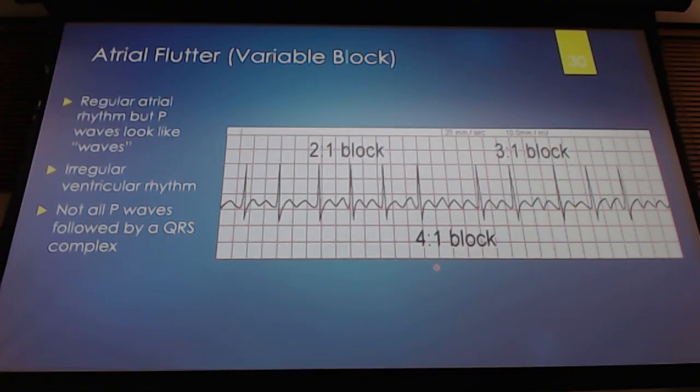So sometimes the AV node will let every other beat, sometimes it's every second beat, sometimes it's every third, and it's all pushed into one ECG. So when you look at that bottom 10-second rhythm strip, it's going to look irregular, but then you look at 2, 3 in AVF and you're like, yeah, but I see flutter waves in there. Look at 1, I see flutter waves. We have a variable block atrial flutter.